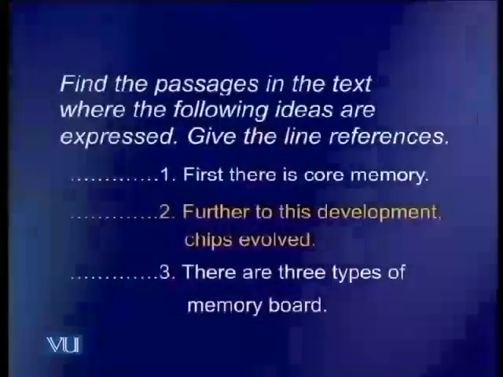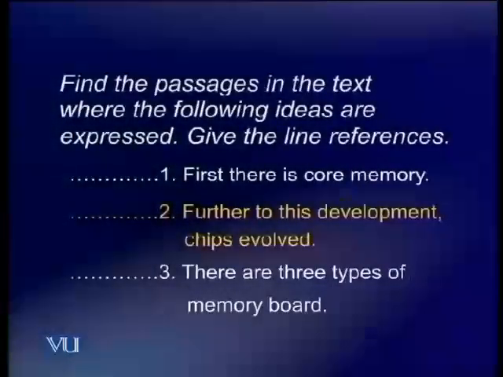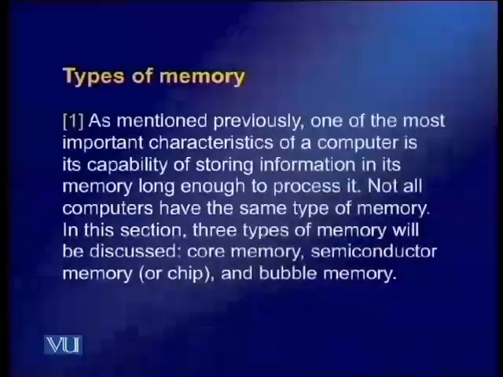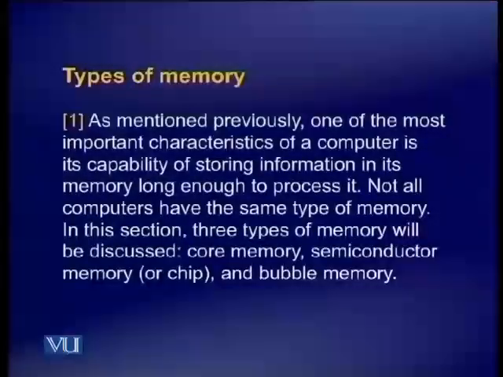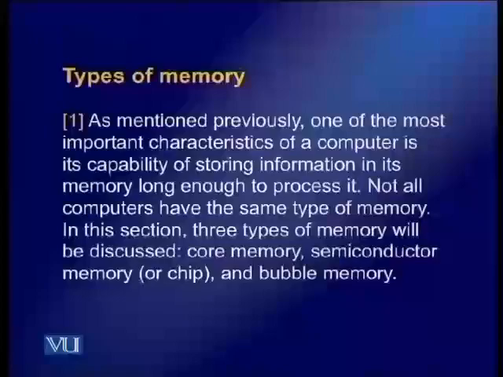There are 3 types of memory board. Statement number 3, locate this information. Wherein the passage is this stated? And you will find that it is given there in the very first paragraph.